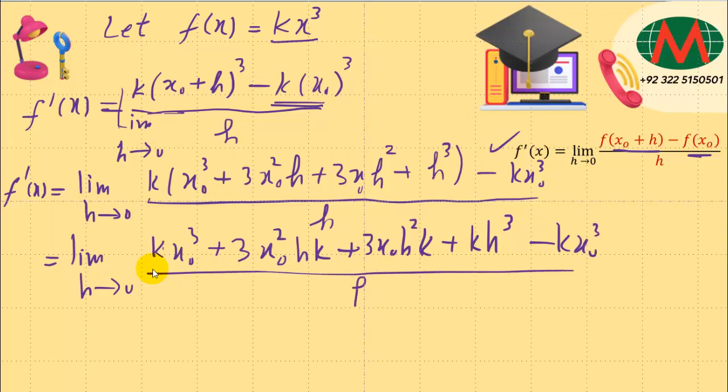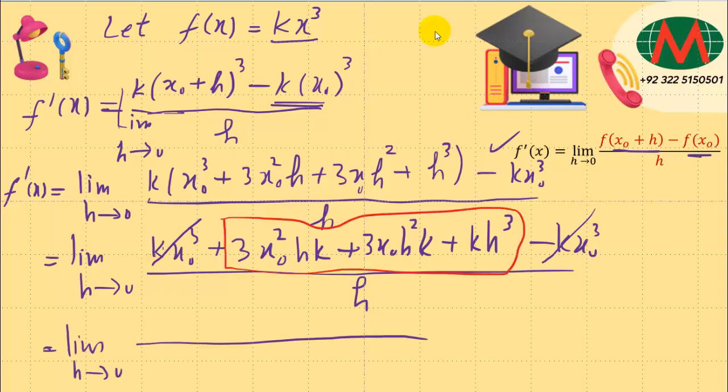over h. And now see this will be cancelled out with this, because one is positive and the other is negative. Now you observe what is left after this cancellation. H is common, so take h common: 3x0 square k + 3x0 hk + h cube, this one divided by h.